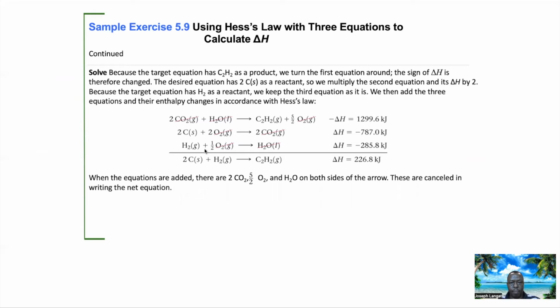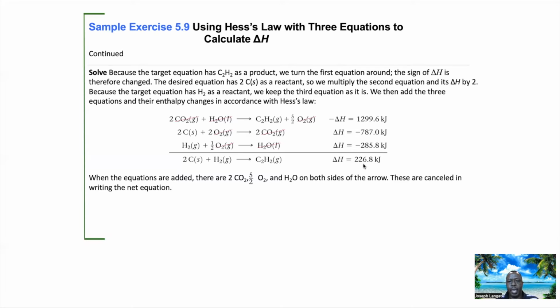Oxygen gas, half of it will go with half, and then 2 will go with the 2 here. Liquid H2 will go with the liquid H2, CO2 will go with the CO2, and we have the overall equation. So you cancel what is common on either side.